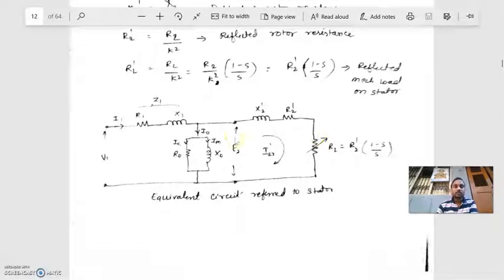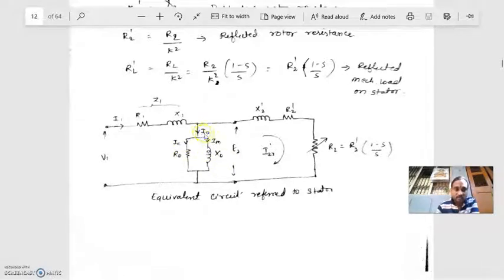Now we will redraw the equivalent circuit referred to the stator side. R1 and X1 together represent Z1, and R2 dash and X2 dash are for the secondary side, and R0 and X0 are for the no load component.